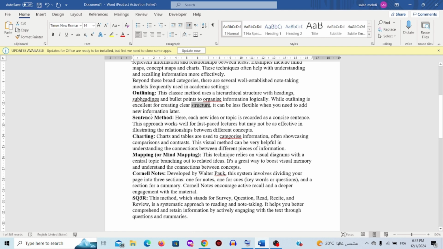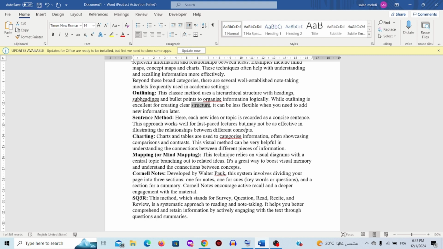And also we have the sentence method. Here each new idea or topic is recorded as a concise sentence, so we have a sentence for each idea or topic, and this approach works well for fast-paced lectures. If you are going to review the lessons very fast, you are going to use this method. It's not that effective, to be honest with you.